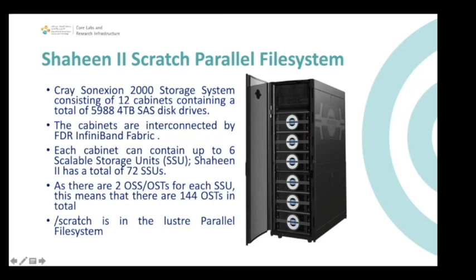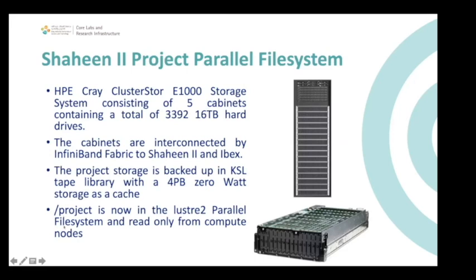So /Scratch now is the Sonexion file system. /Project is now the new Lustre E1000 parallel file system. This is the new 37 petabytes, and that's actually how it's built. It's only 5 cabinets now to get double the capacity of what we had before, mainly because we use 16-terabyte drives now.